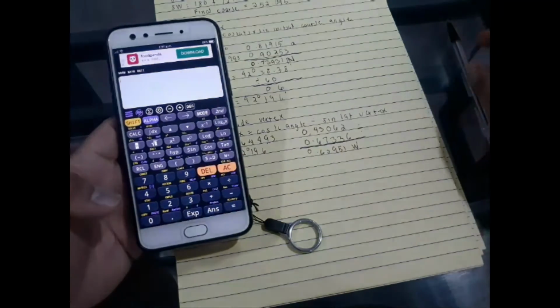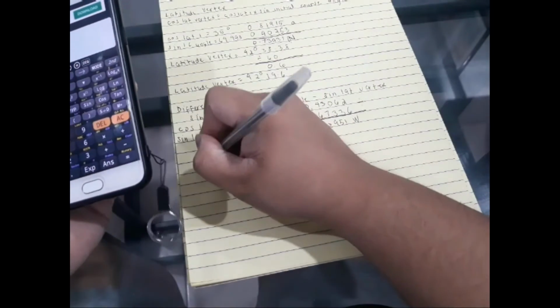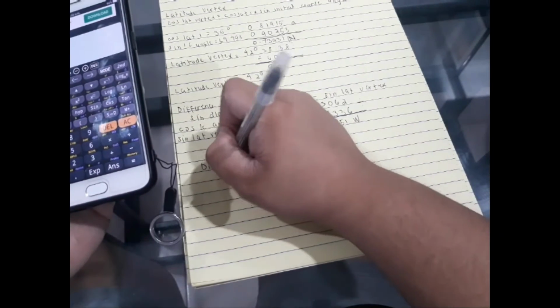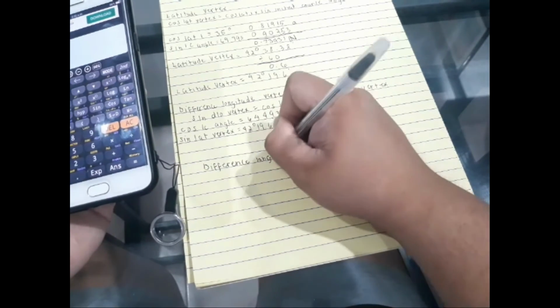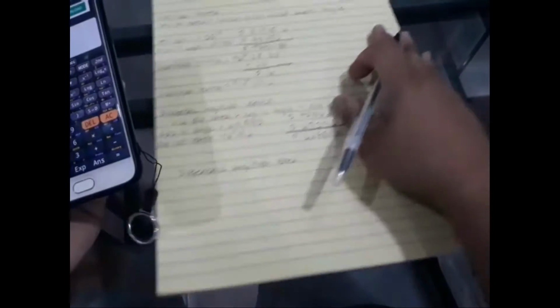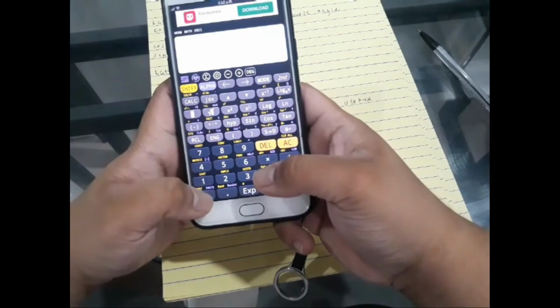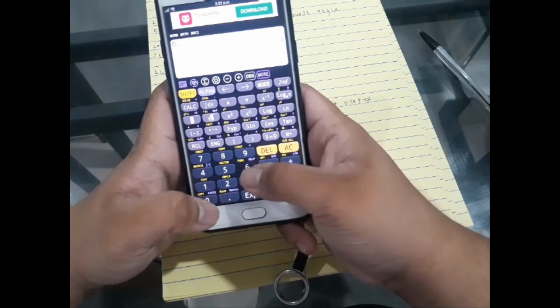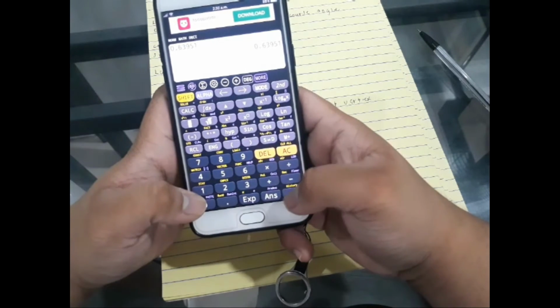So to get the difference longitude vertex, we need to take 0.63951.